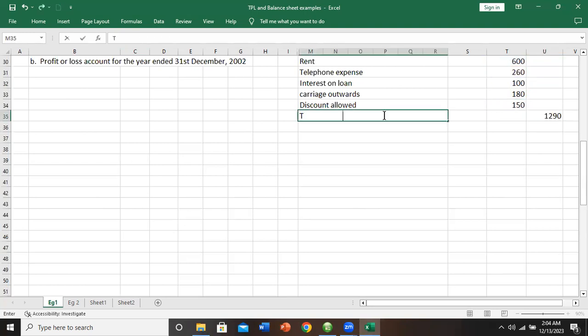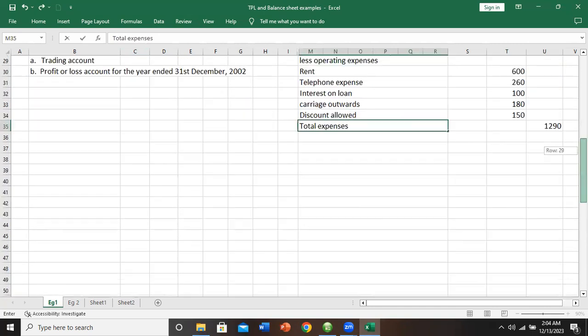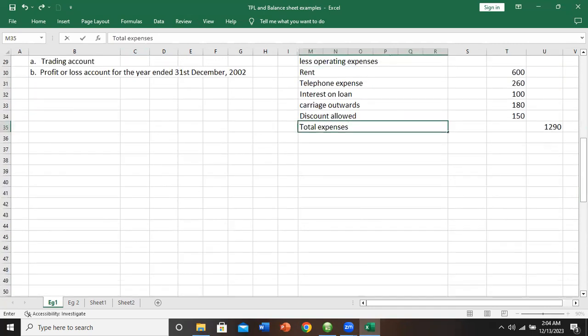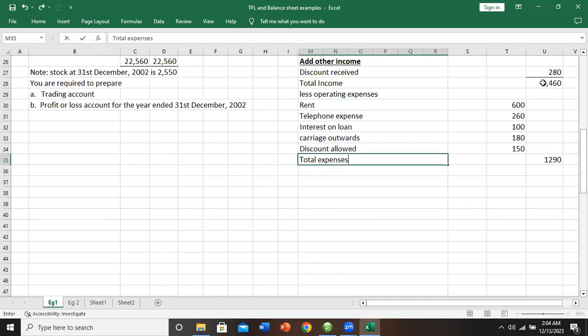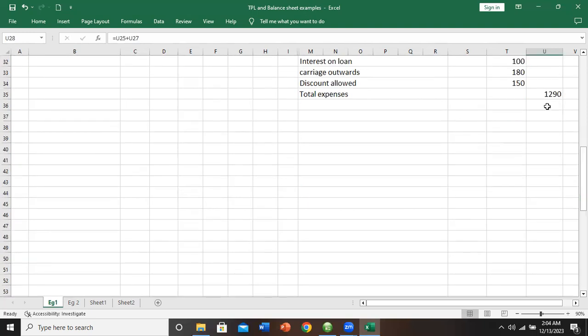So that's my total expenses. So these total expenses, you see where I've pushed it. I've pushed it under the column where the total income is. Okay, so that I can less it from it and determine whether I'm getting a net profit or net loss.